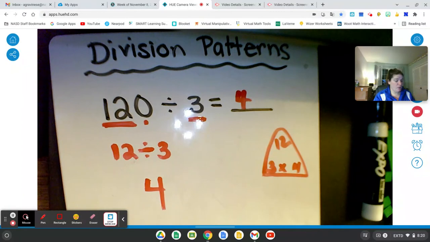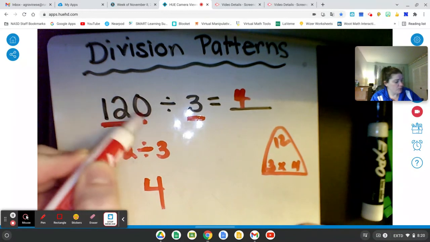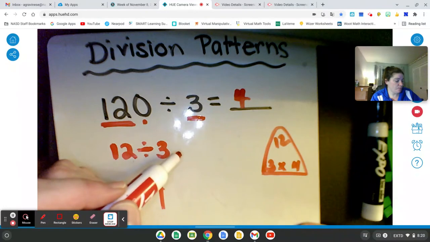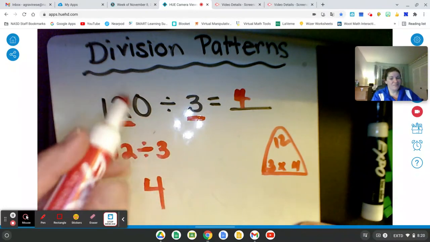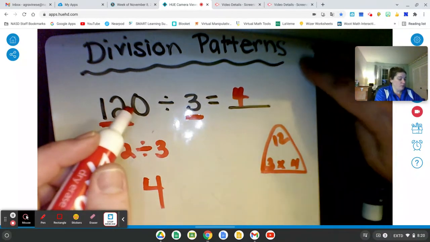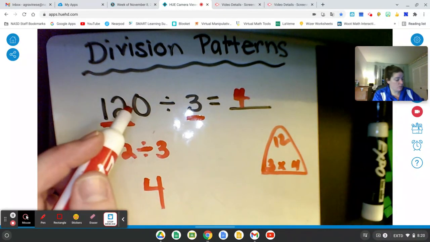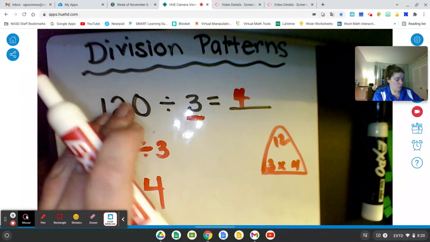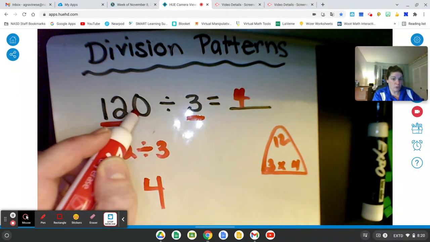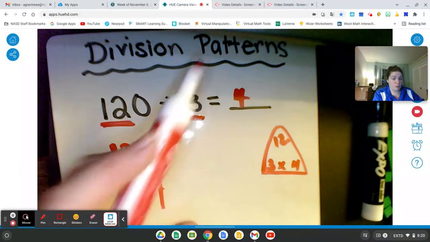So we have to be careful with the 0 thing. It's a little different with division. The only 0 is in my dividend. I don't have a 0 in my divisor. So when we are dividing with these patterns and mental math, if there is only one 0 and it's just in either the dividend or the divisor, then that 0 is going to just transfer into your answer.